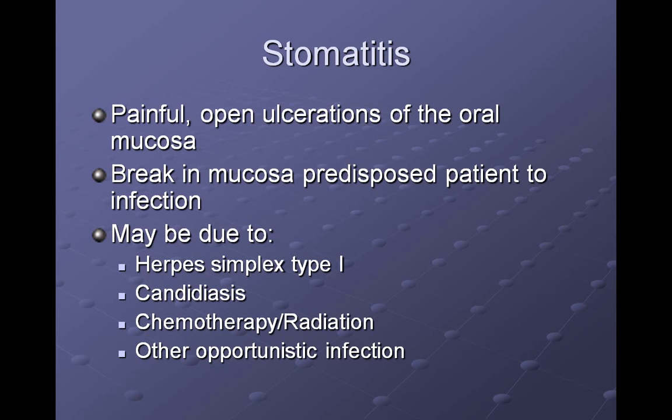Stomatitis may be due to herpes simplex type 1, candidiasis, chemotherapy or radiation, which weakens our immune system, and other opportunistic infections such as MRSA, HIV-positive patients, AIDS patients, and others who have a weakened immune system.